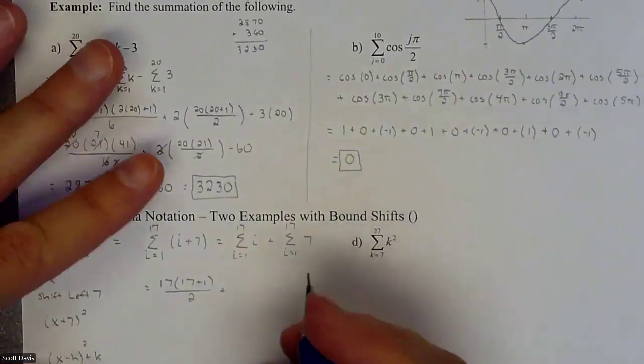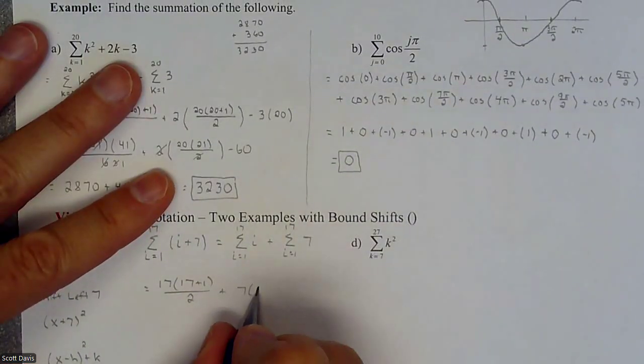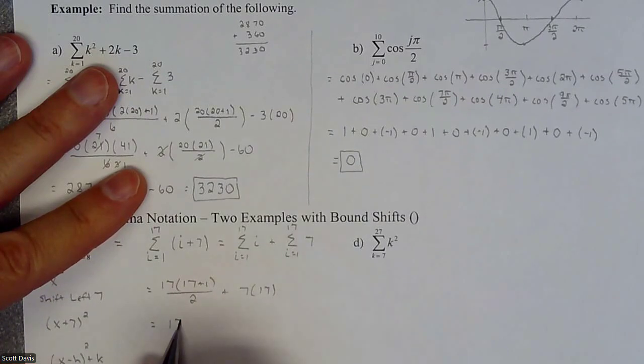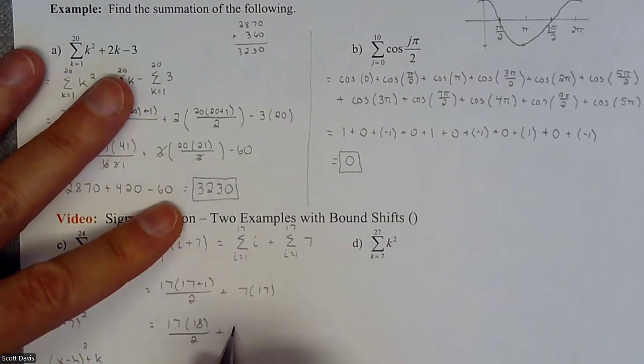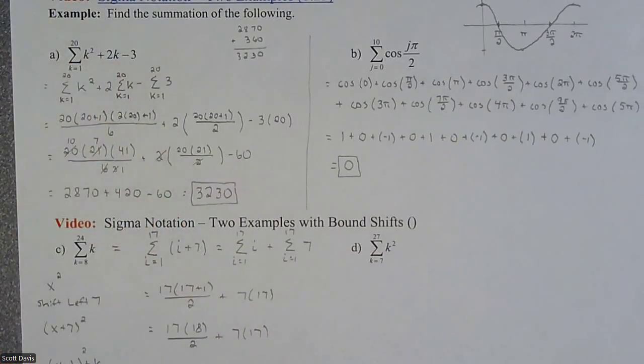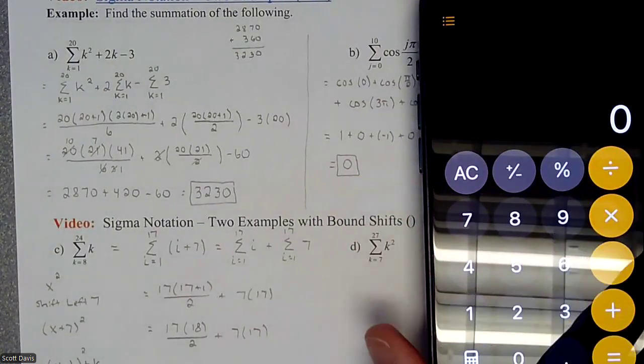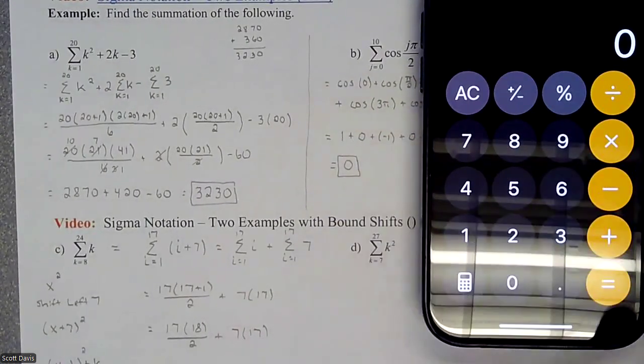So our constant is 7, and then times 17. All right, and then from there, we're looking at 17 times 18 divided by 2, plus 7 times 17. And I'm just going to show that we can get away with a really basic calculator out of this. All right, so here's our stuff.